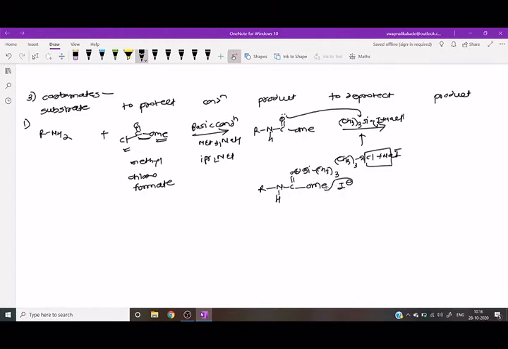Here iodide attacks the methyl, forming methyl iodide, CO2, RNH2, and water attacks the silicon.